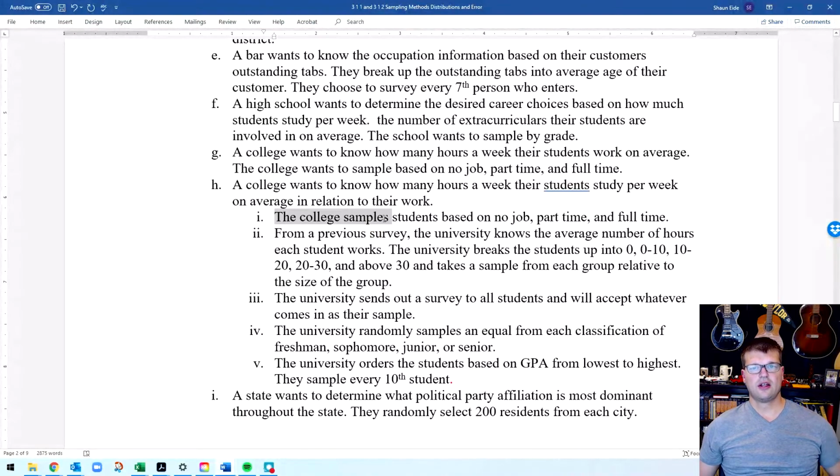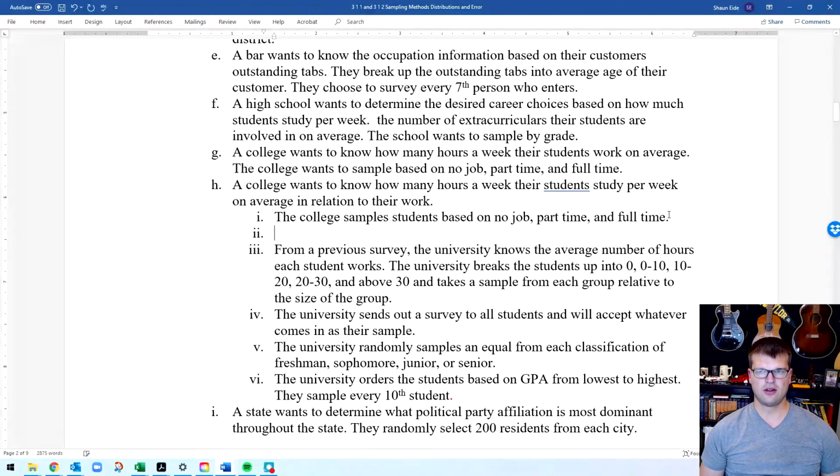So the college samples students based on no job, part-time, and full-time. Okay, so I'm not going to give you the answers, but I'll tell you they break them up into three different groups. And they sample from within each one of those three different naturally occurring groups.